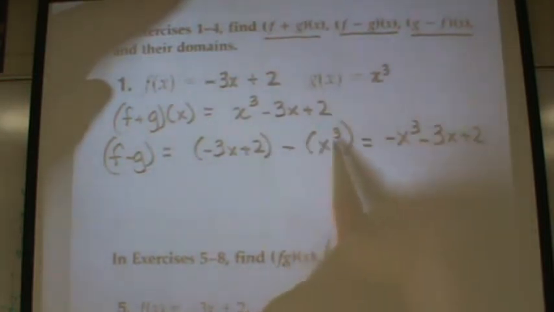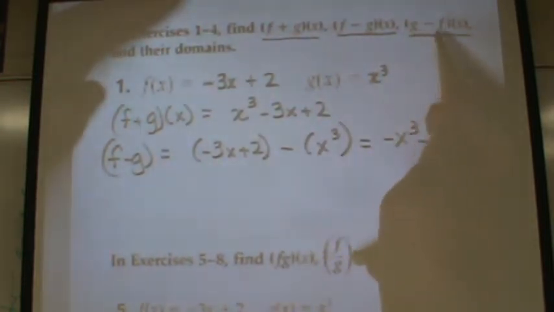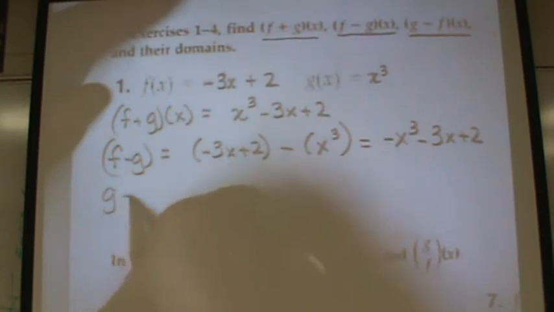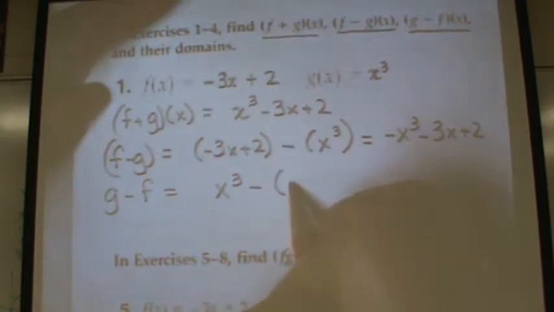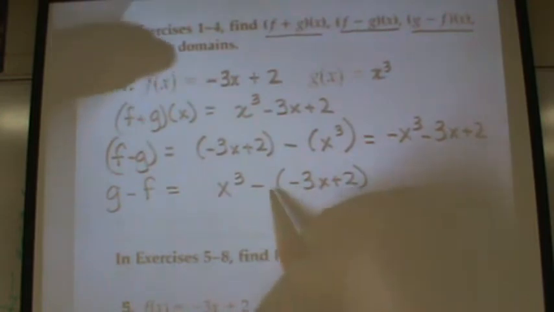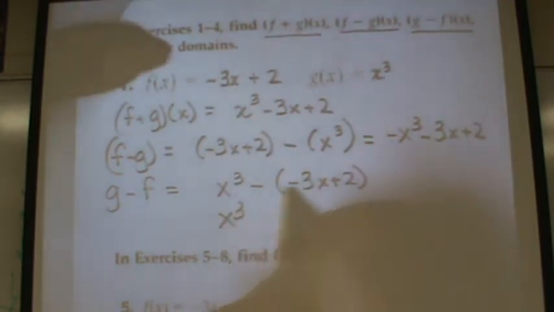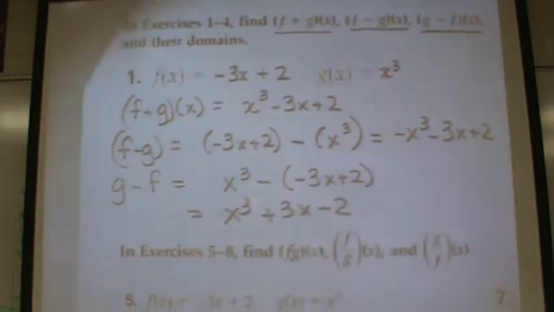You have to distribute the negative. Now g minus f is going to give you x cubed minus, we have negative 3x plus 2. So we have to distribute the negative, so it's x cubed plus 3x minus 2. And that's in order.